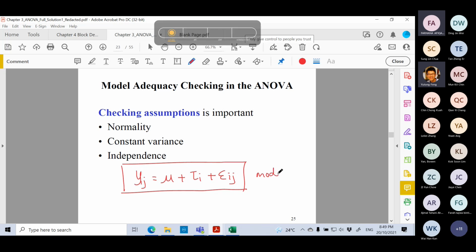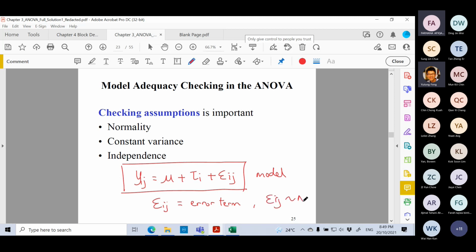In this model, this is an error term, and we assume that it follows a normal distribution with zero mean and variance sigma square.